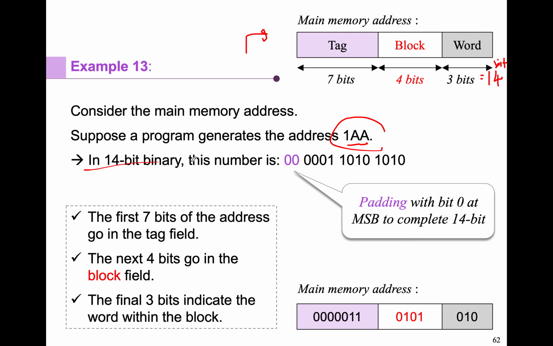In 14-bit binary it is going to be this value, but when you get only this one, this is only 12 bits, so you put 0, 0 in front as padding to the MSB, to complete the question asking for 14-bit binary.